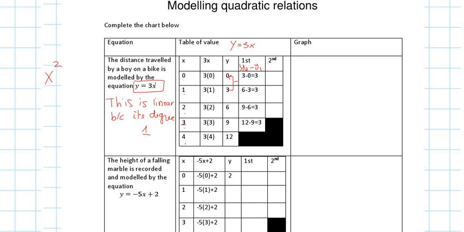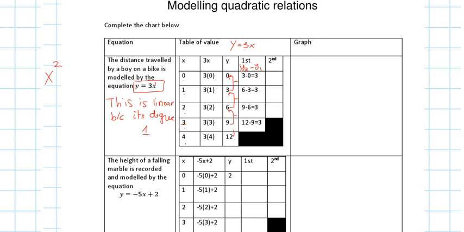Now I go down one more point and do y2 minus y1. You take the lower value and take away the value above it. So you do 6 take away 3, which gives you 3 again. Then 9 take away 6. What does that give you? 3. 12 take away 9.